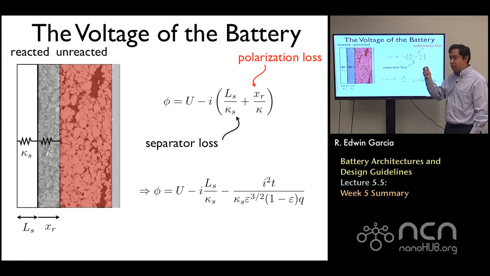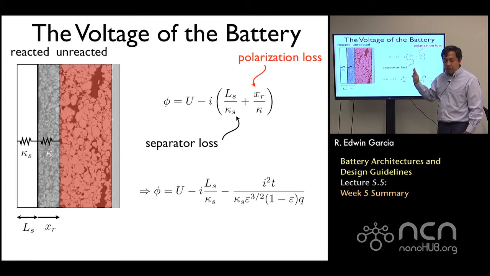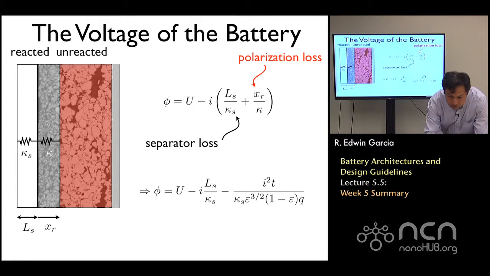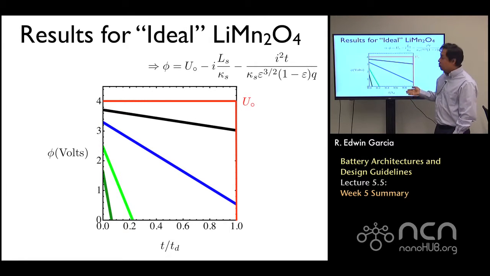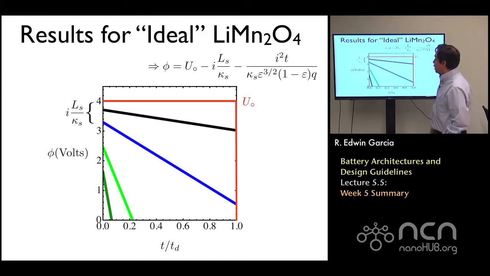There's a combination of thickness, porosity, and properties that you can specify to deliver that. So that the voltage versus capacity curve is going to be effectively a function of the architecture of the cell.